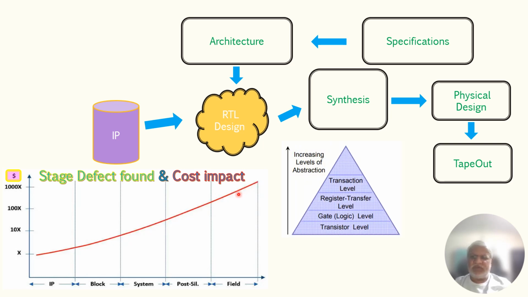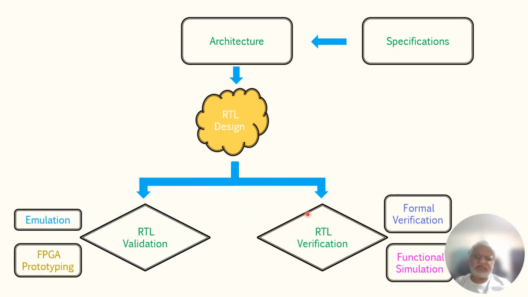So we need to know that the higher the abstraction level, the easier and less costly it is to find and fix the bugs. But as design maturity happens, the amount of money spent and the level of complexity will also increase.